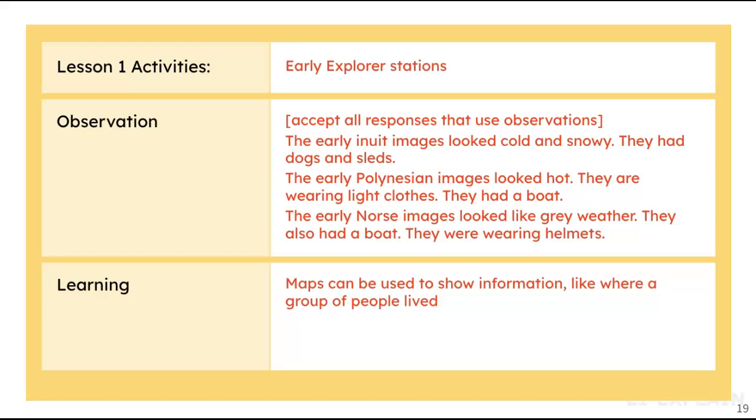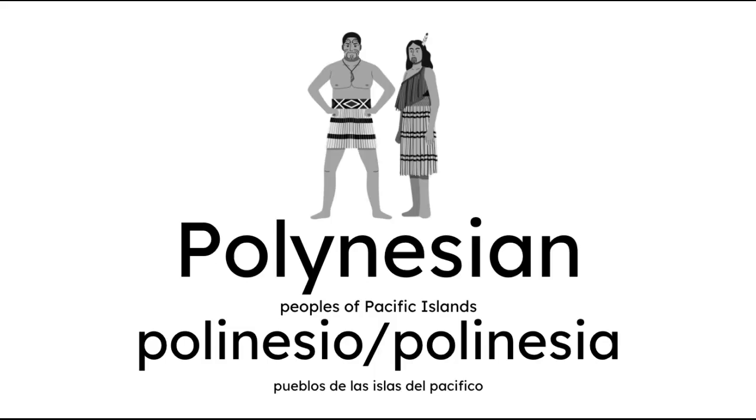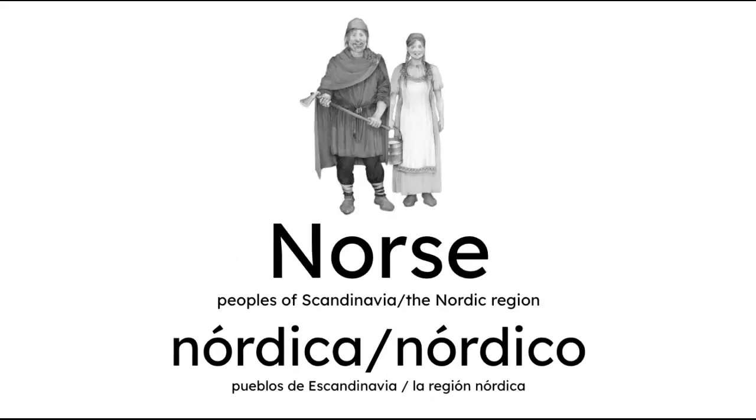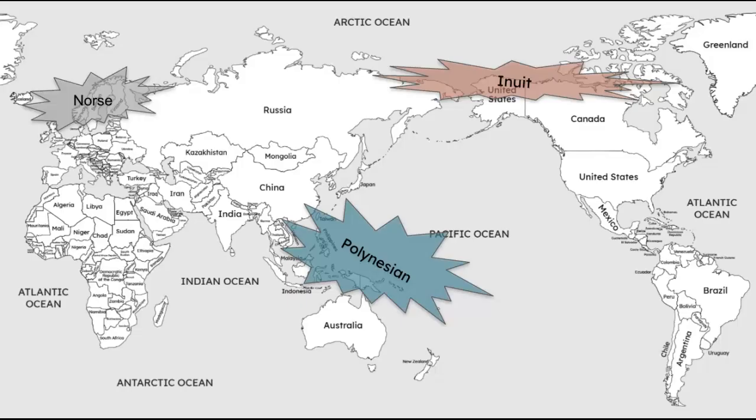From the discussion, students should understand that maps can be used to show information, like where a group of people lived. During the discussion, you can post and discuss the Inuit, Polynesian, Norse, and Legend vocabulary cards. You'll then have students use their Early Explorer Regions student journal page to point out different locations on the map for each explorer group.